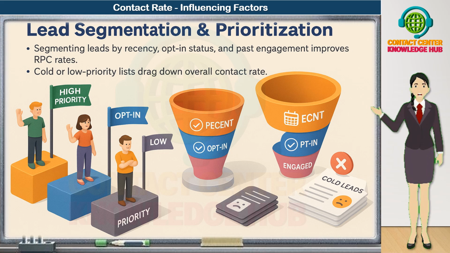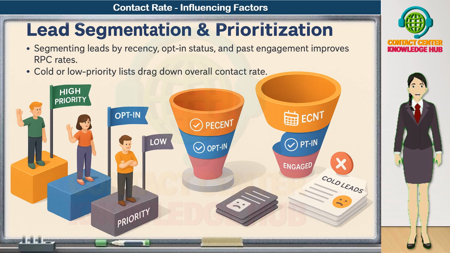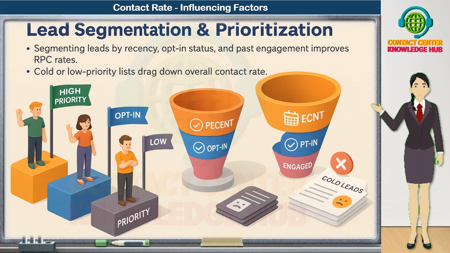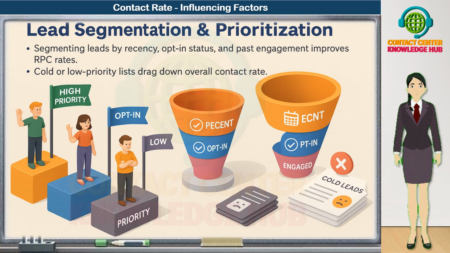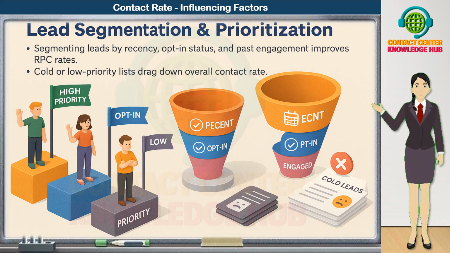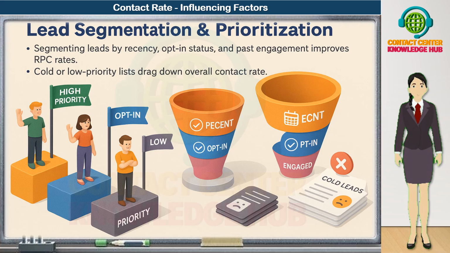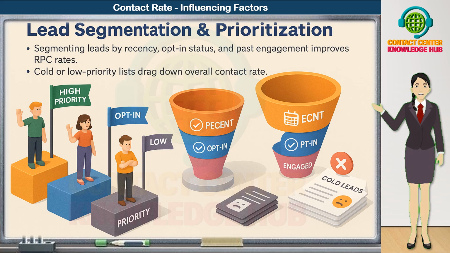These leads are warmer, more current, and more likely to answer the call. In contrast, cold or low-priority lists, often older data or unverified sources, take up resources, dragging down your overall contact rate. That's why an effective outbound strategy doesn't just rely on volume, it's built on smart lead prioritization, dialing the right people, at the right time, in the right order, to achieve the strongest results.